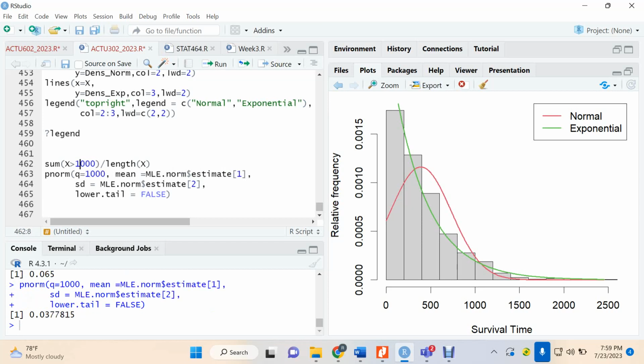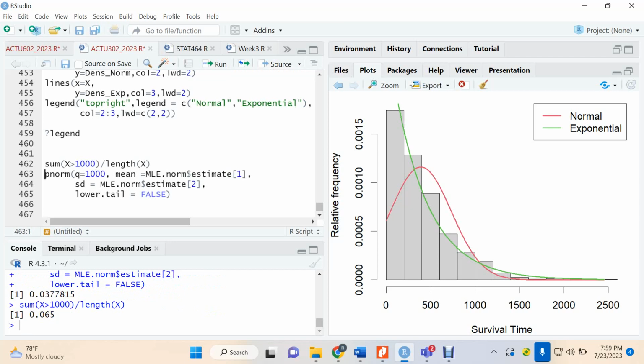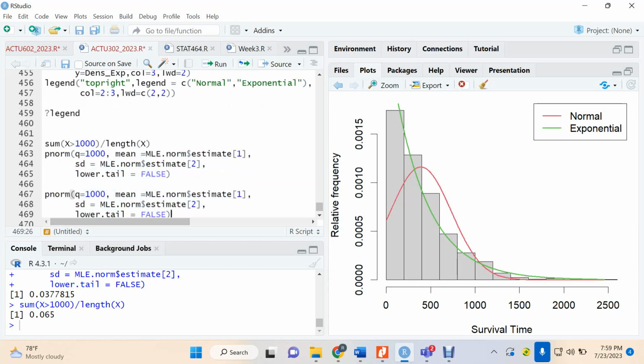From the data it is 0.65, but the normal distribution is giving us 0.04 or 0.03. All right, we can also check that for the exponential. So that will be pexp.